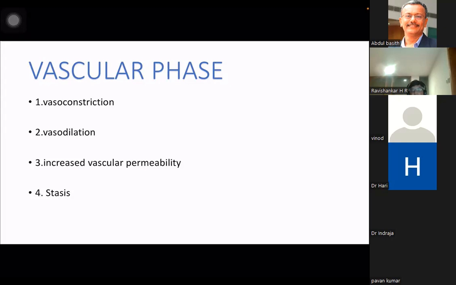Vasodilation is due to histamine, and it leads to dilation of the blood vessel and pooling of blood over the injury site. Increased vascular permeability is due to serotonin, which leads to increased pooling of blood over the injured site and stasis of blood, and this converts streamlined flow in the blood vessel into turbulent flow.